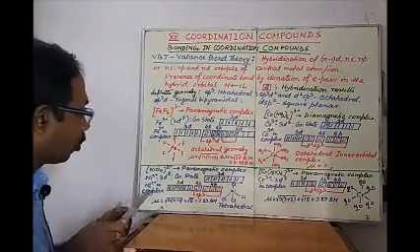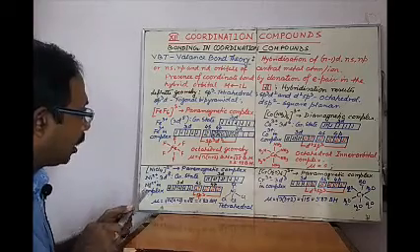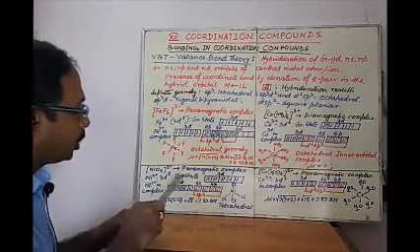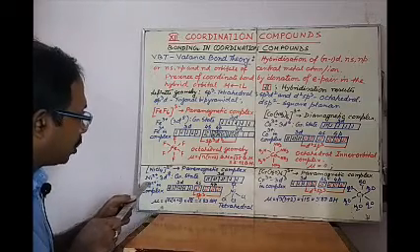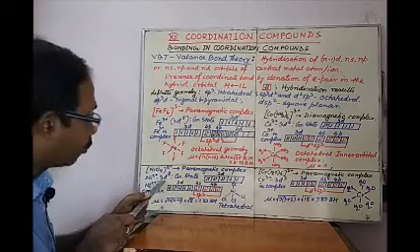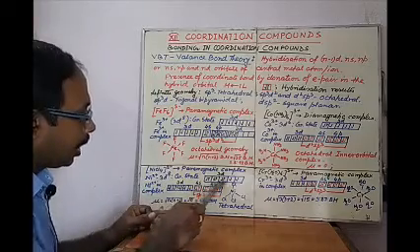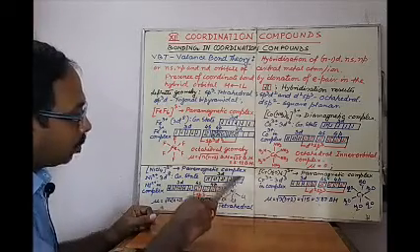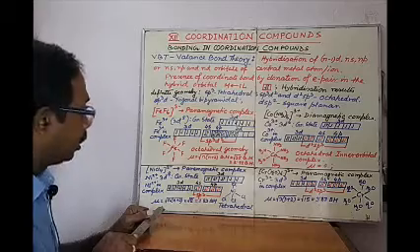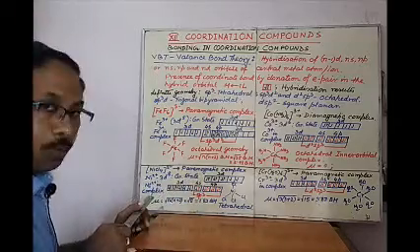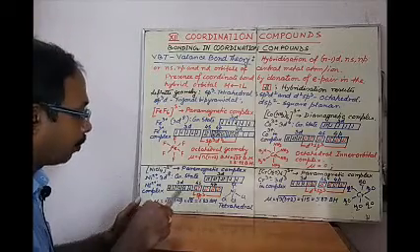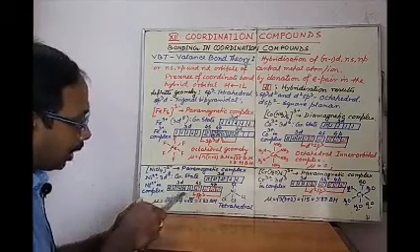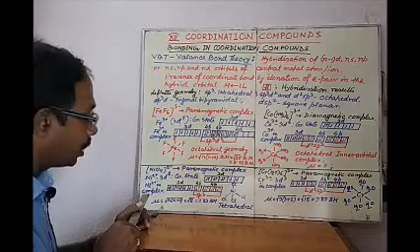Now let us take a complex which is [NiCl4]2-, which is paramagnetic. In the ground state Ni2+ has 3d8 configuration. So there are 8 electrons, and out of that 2 electrons are unpaired. Since it is a paramagnetic complex, pairing of electrons in the (n-1)d orbital is not taking place.